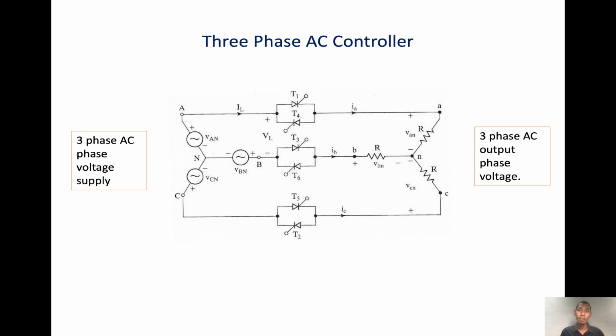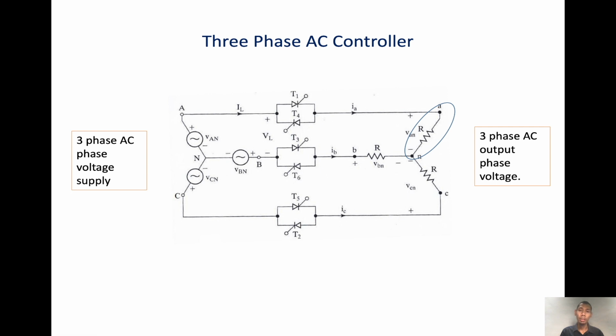Since this is a balanced resistive load, the thyristor will turn off whenever the current becomes 0. If we want to examine how the output voltage looks, we examine the output across one of the loads in the three-phase output load.